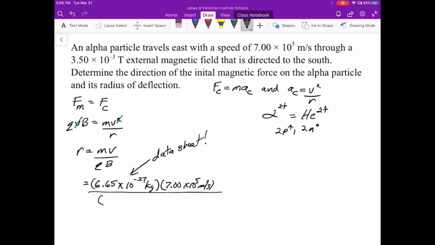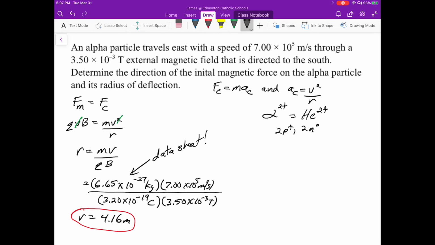So the charge is double the elementary charge. So 2 times 1.6 times 10 to the negative 19 is 3.2 times 10 to the negative 19. Magnetic field strength, 3.50 times 10 to the negative 3 Teslas. And you end up getting the radius of deflection to be 4.16 meters.